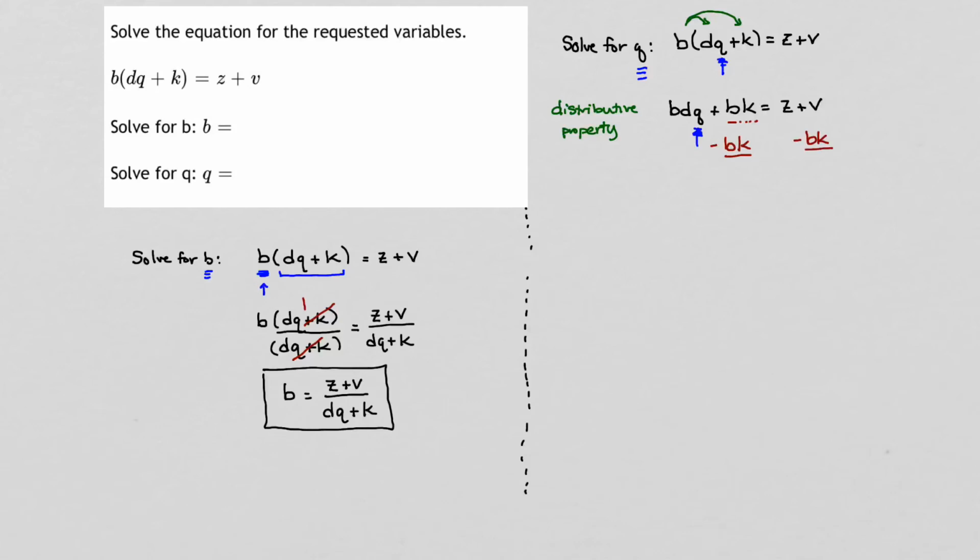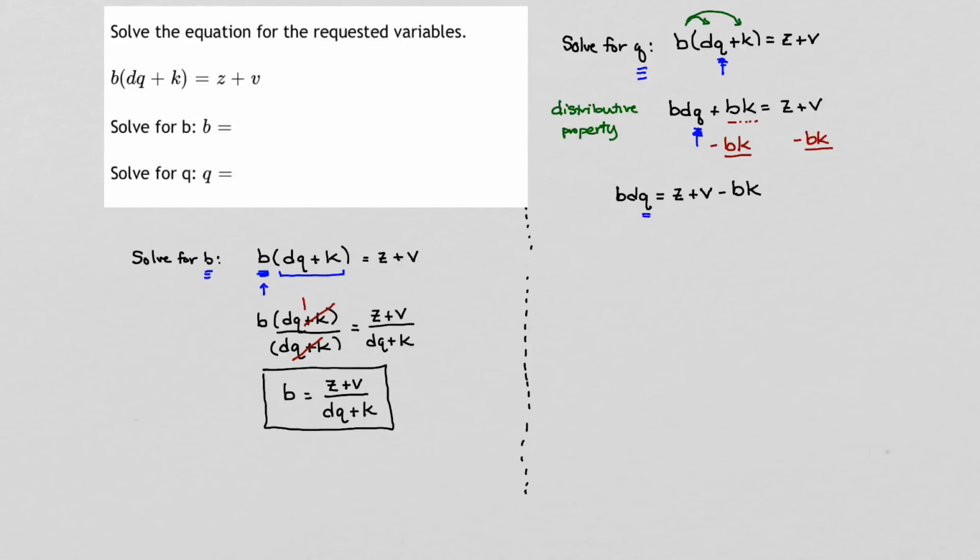Now the funky thing with formulas is we've got lots of letters, and the only time you can combine them together is if they're like terms or like letters. So on the right side, I have z, which is one variable, v, which is a different variable, and minus bk, which is an entirely different variable. We can't put them together other than just stringing them along as a big summation. All right, so far so good. Our first step was to use the addition-subtraction property and get rid of that bk.